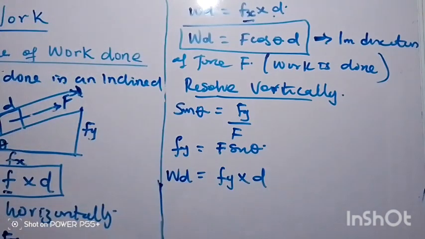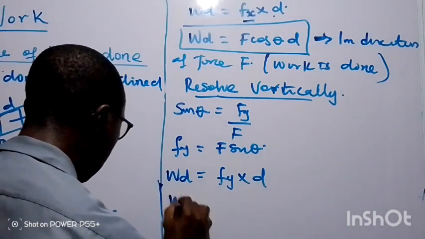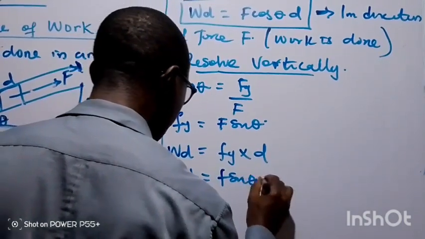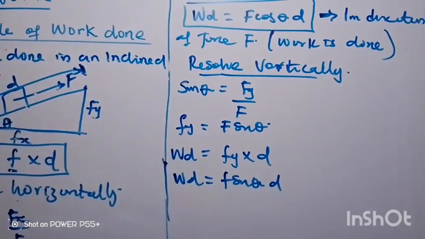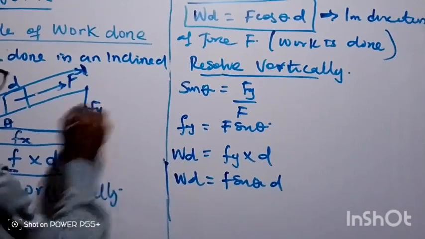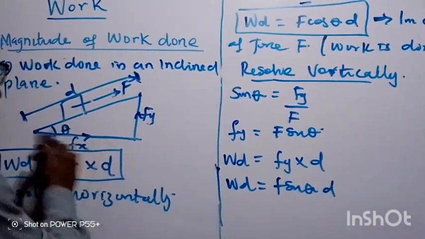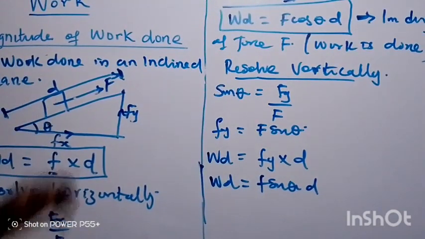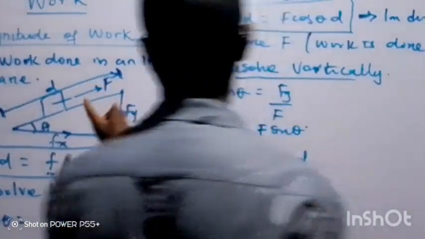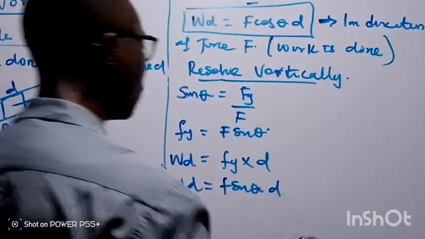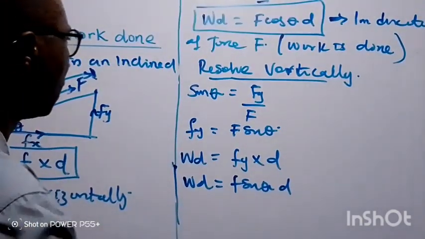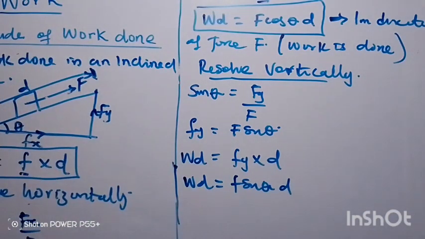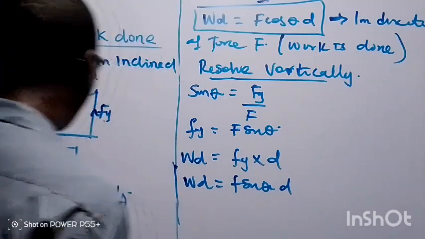So work done will be equal to F sine theta D. And mind you, as I said the other day, according to the definition of work done, it is force multiplied by the displacement, and the displacement must be in the direction of the force.